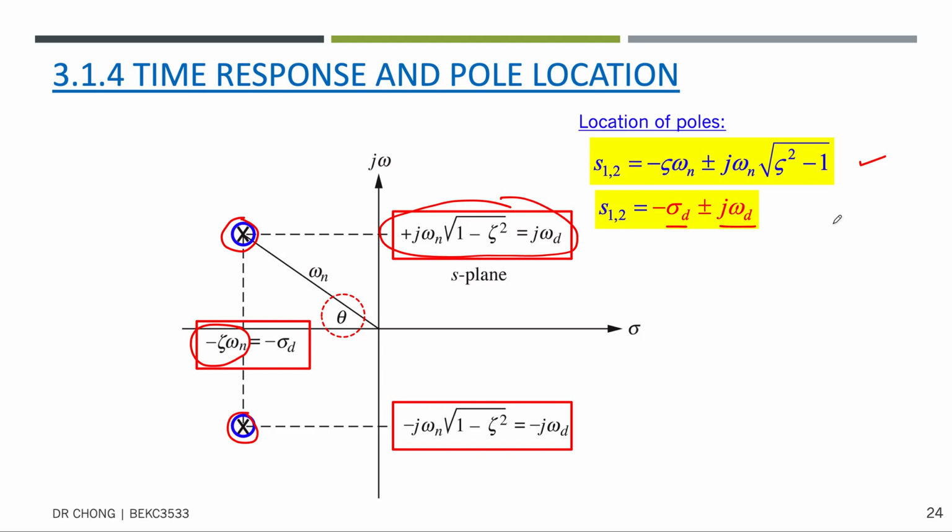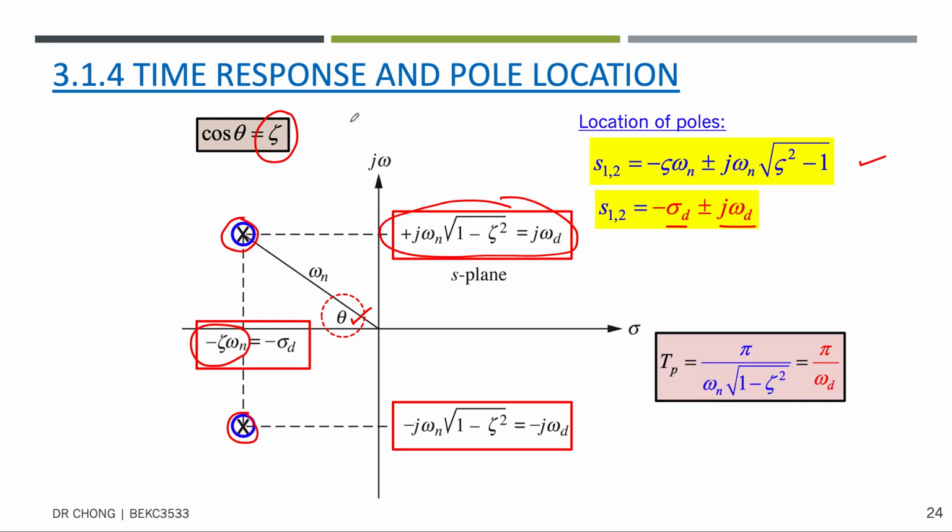So next, what you need to know is, if today I don't have other information and I only have this s plane, I can try to find the value of theta, because the theta will lead us to the damping ratio as well.